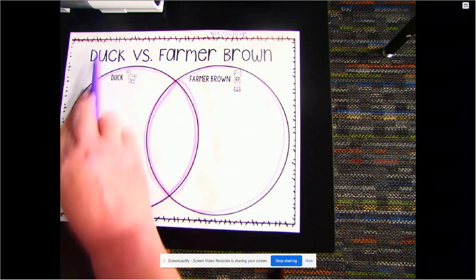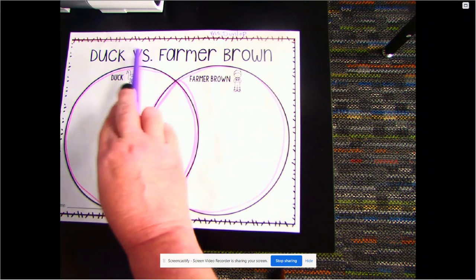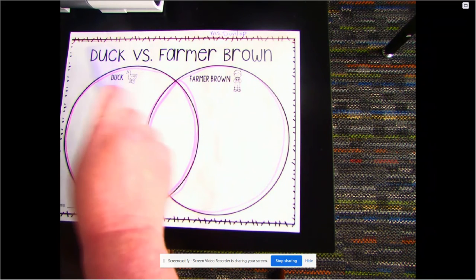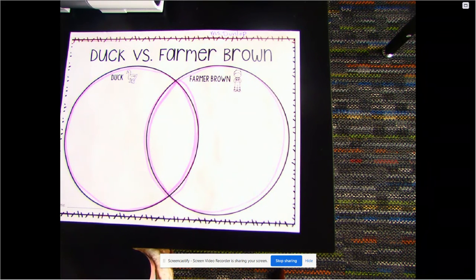All right, so we have Duck versus Farmer Brown. So let's talk about Duck first. What can we say about Duck? Well, reading our story, we know that Duck complains a lot, doesn't he? When he was at the farm, he complained about how much work he had to do. Then when he became the governor, he complained about how much work he had to do.